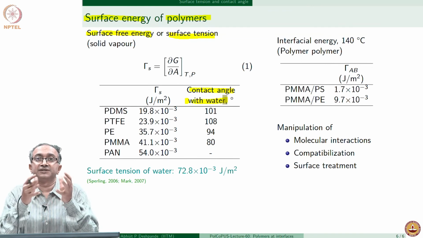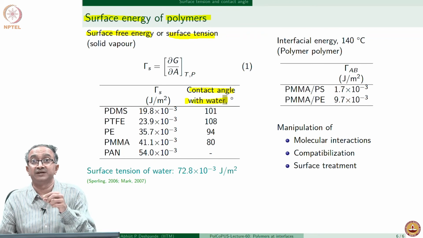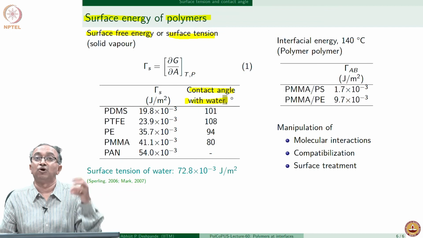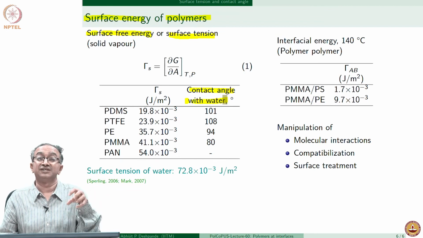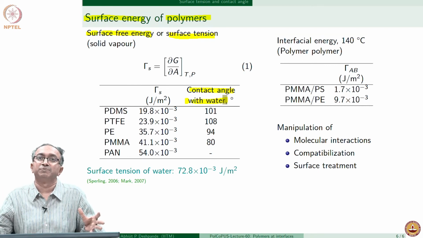Does it form a nice spherical drop and remain? Most of you might have seen that if thermometer breaks and mercury comes out, it remains like a ball and goes around because it does not wet the surface. On the other hand, water on many substrates will just fall and then just spread completely.